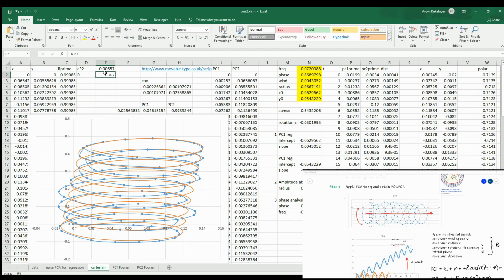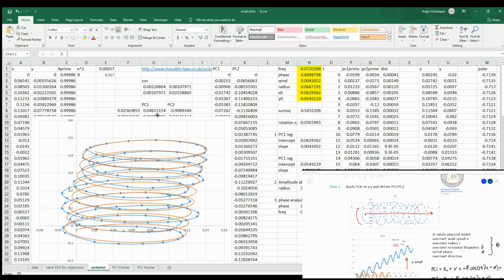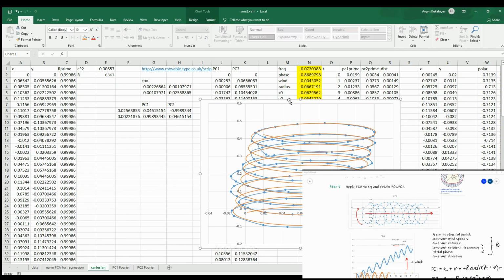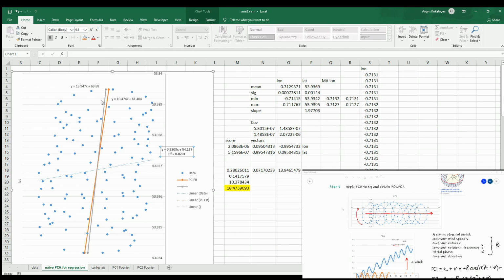I'm using the radius of the Earth, and I'm using some trigonometry to convert latitude and longitude in degrees into radians and then into kilometers. So x and y are already in kilometers. I'm assuming a flat Earth. Right, and then I'm again running the principal component analysis. I'm getting principal component vectors in Cartesian coordinates. Now, if you remember, in naive PCA, this was latitude, longitude.